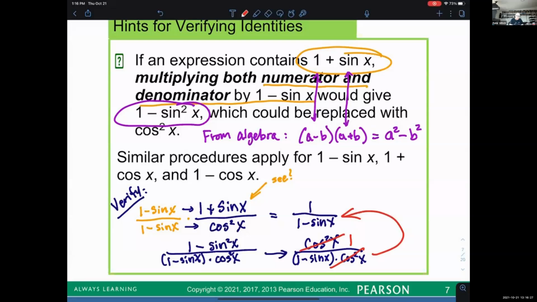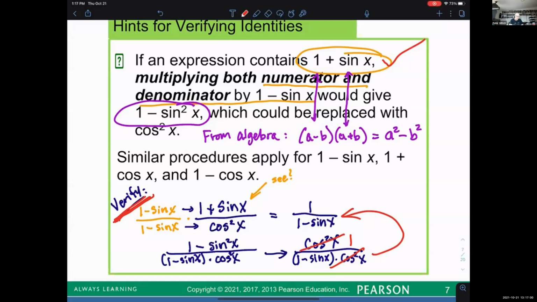So using their hint here in this made-up problem that I created, we were able to verify this identity because we took the 1 plus sine x in the top on the left side and recognized, oh, I have this sort of a plus b thing here, so I can multiply it by this a minus b, and then I'll get the conjugate and a difference of squares pattern, so that 1 minus sine x times 1 plus sine x becomes 1 minus sine squared x.